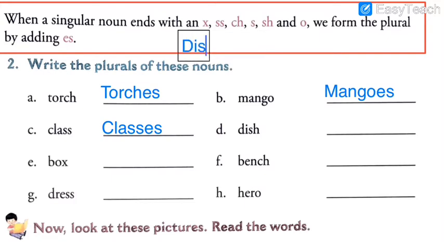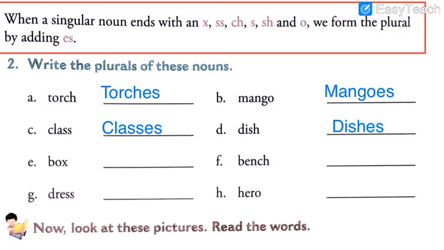So dish, dishes. Very simple. Torch became torches. Mango became mangoes. Class, classes. Dish, dishes. Very simple.